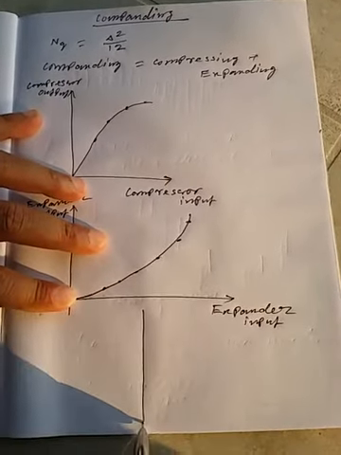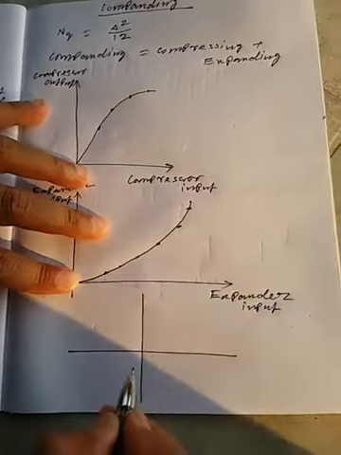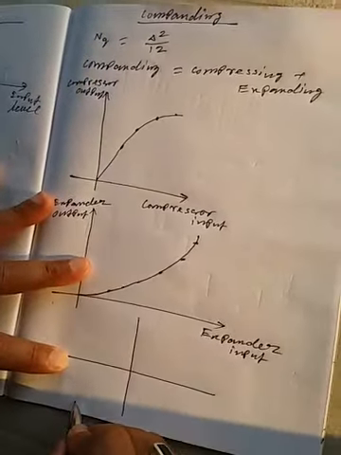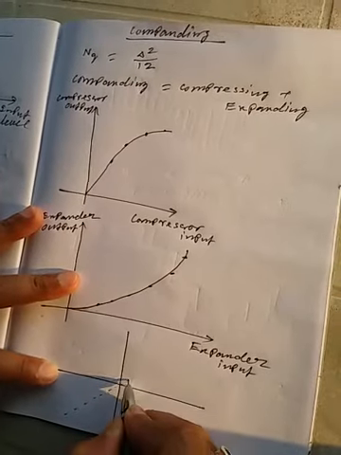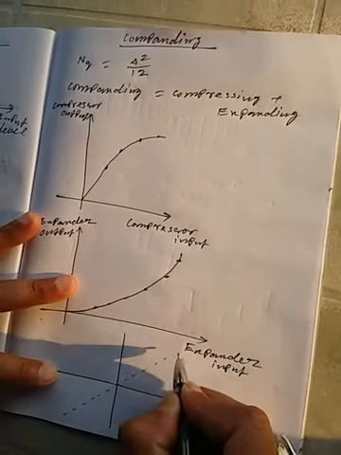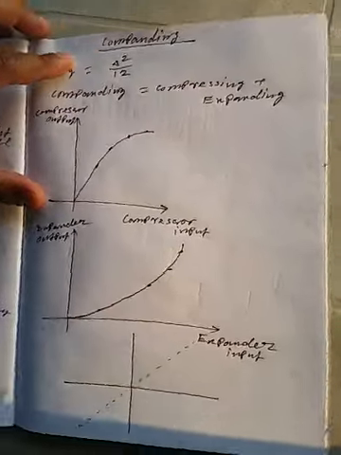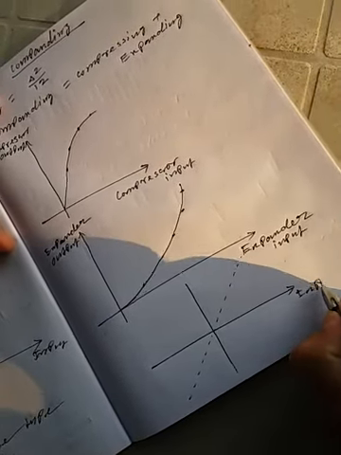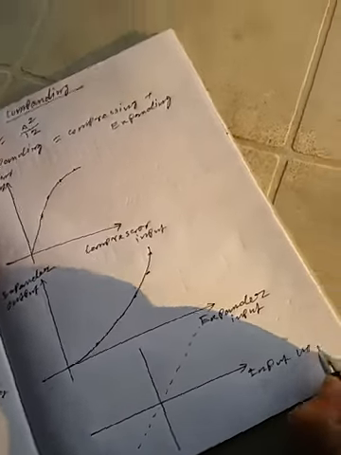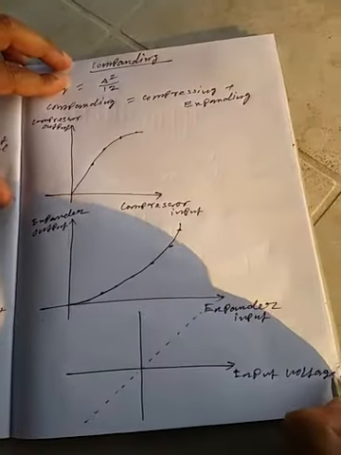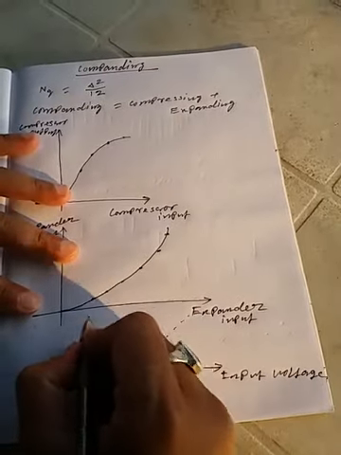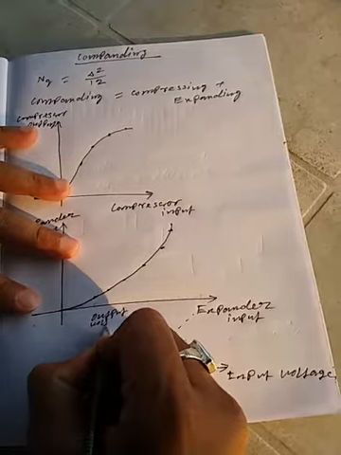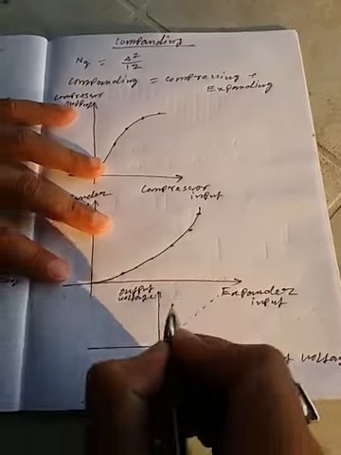If I draw here, if the linear characteristics is this, okay, along the x-axis there is the input voltage of the compounder, and along the y-axis there is the output voltage of the compounder.